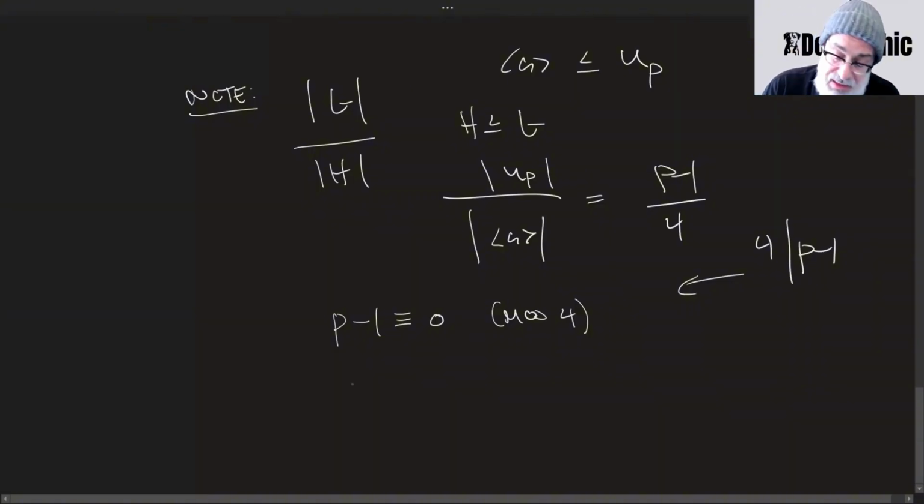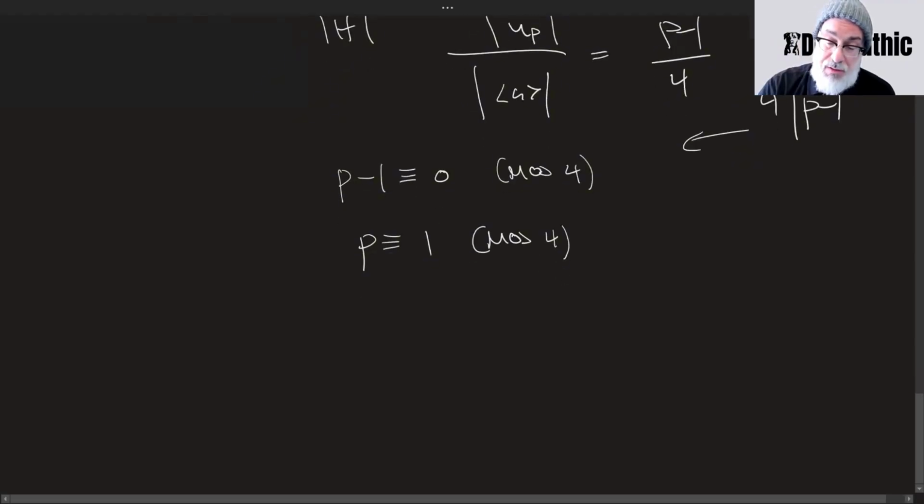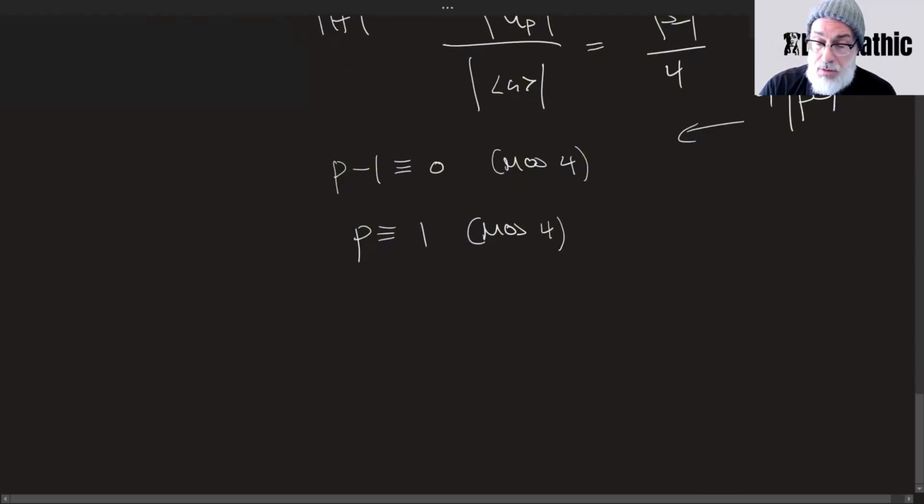And this gives us exactly where we want to go, because then P is congruent to 1 mod 4. Now, the only question is whether or not we actually have a subgroup. If we do, then we're good.